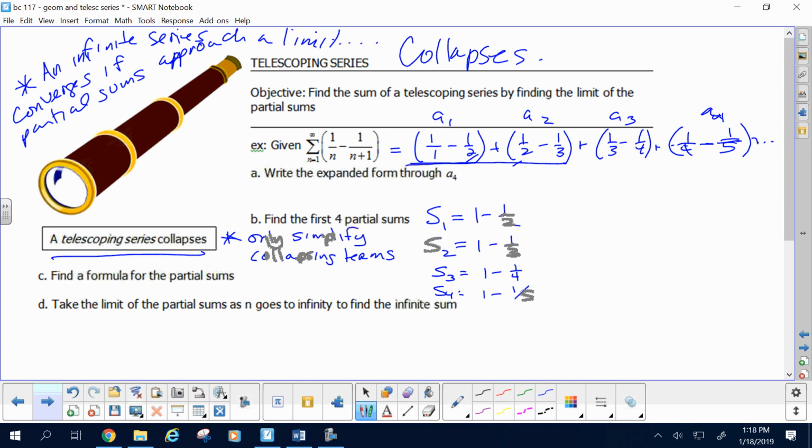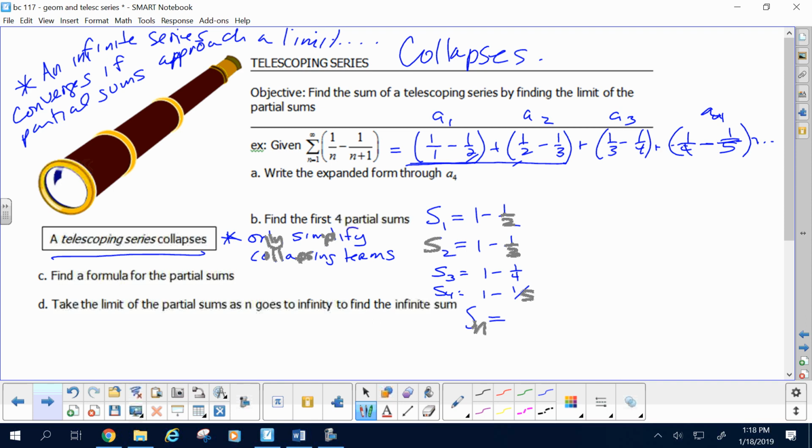Now surely, the more and more terms you add, the more terms collapse away. You're always going to get two terms, 1 and something, but that something gets smaller and smaller and smaller. You could find a general formula for the nth partial sum by looking at that pattern.